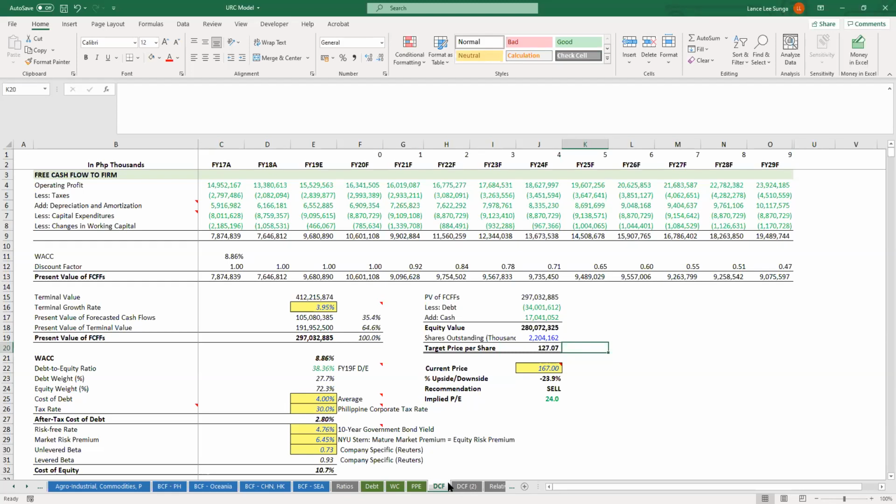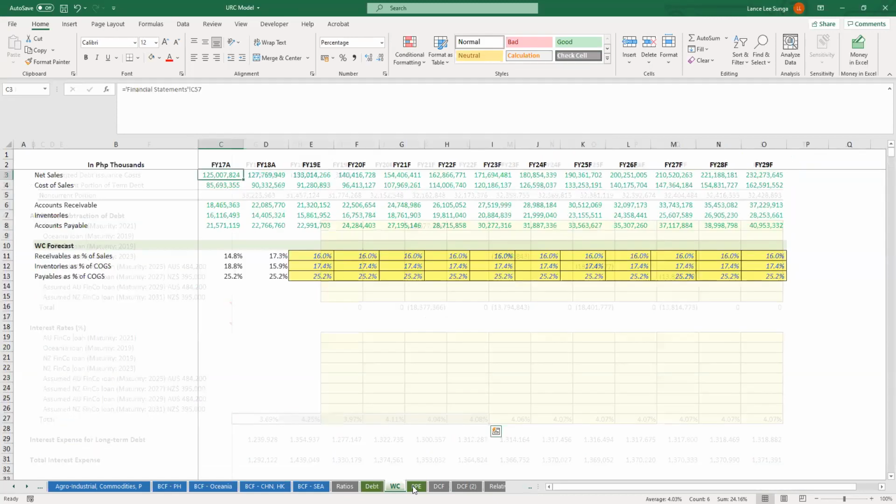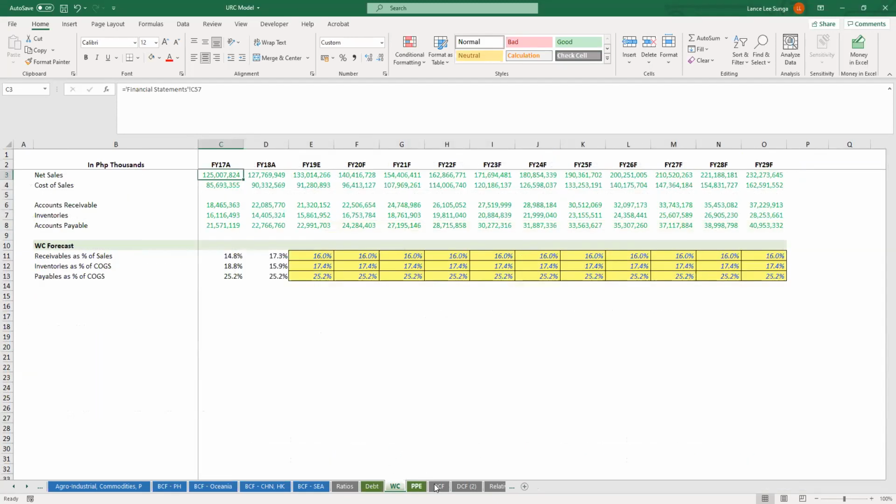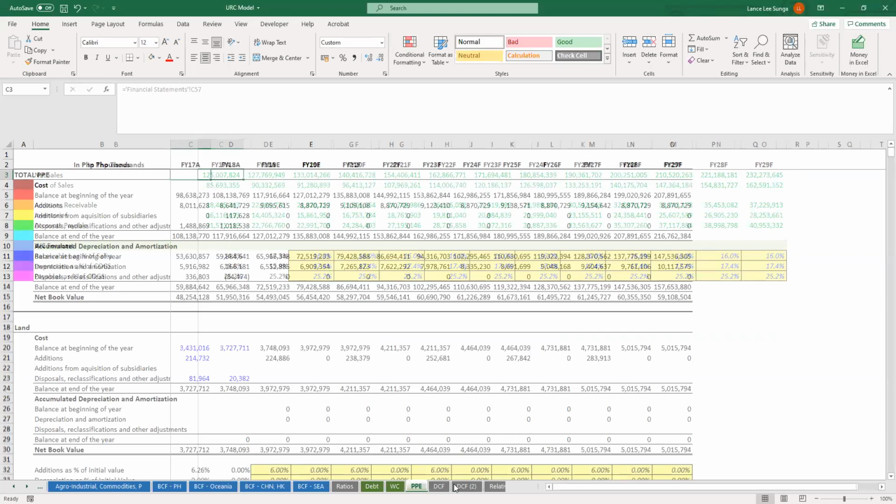The advantage of the full DCF is that you'd be able to analyze each account, whether it be the debt, the working capital, or the capital expenditures.